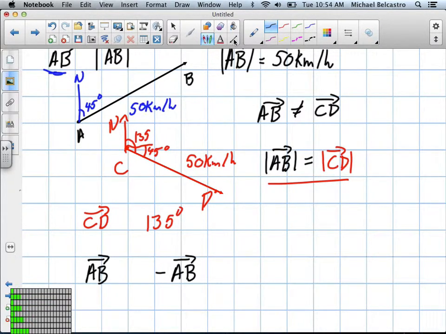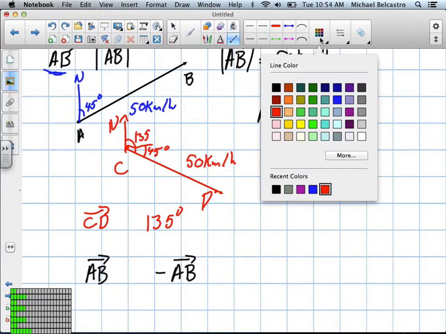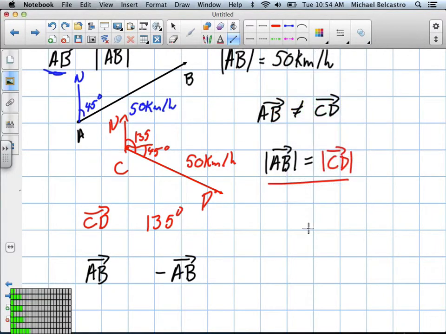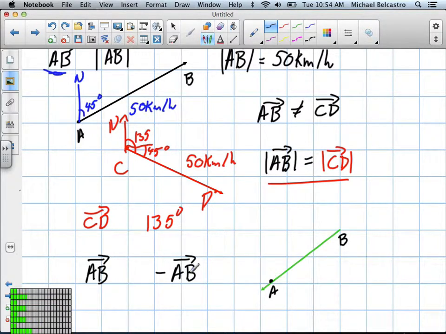The magnitude of the vector is still 50 kilometers an hour. Let's change that to maybe green this time. The only thing that's changed in this instance is this is still going to be our A and our B. The negative is like reversing something, so the inverse of something. We're still at a magnitude of 50 kilometers an hour.